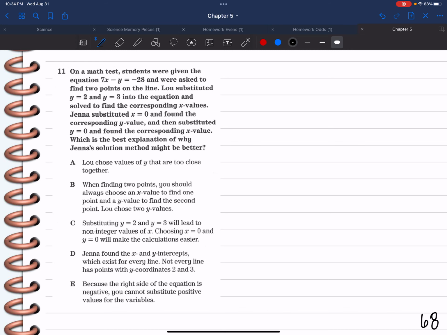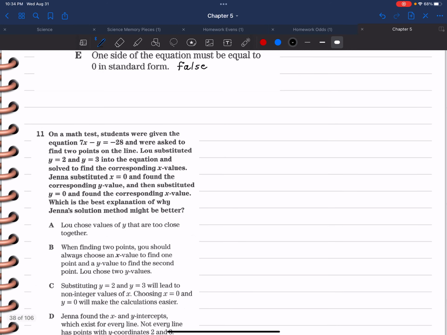Okay, let's do it both ways and see what we come up with. So here is Lou's method. Lou said, okay, here's the equation, and I'm going to pick y is 2 and y is 3 and substitute those into this equation.